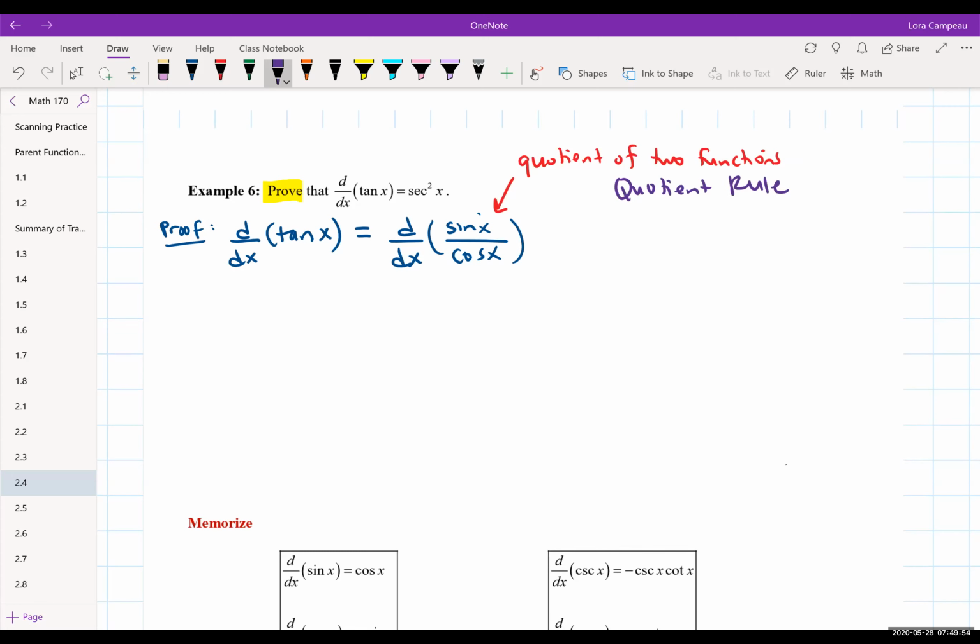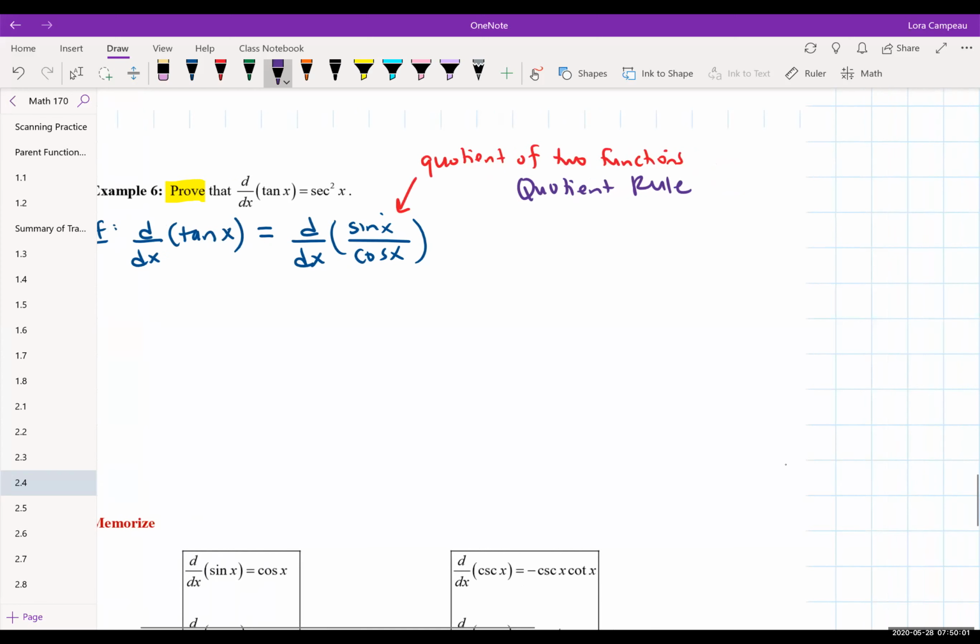And the quotient rule tells us, I'll write it off to the right side, the derivative of a quotient, recall, bring it back: the second function multiplied by the derivative of the first, minus the first function multiplied by the derivative of the second, all over the second function squared. g f prime minus f g prime over g squared.